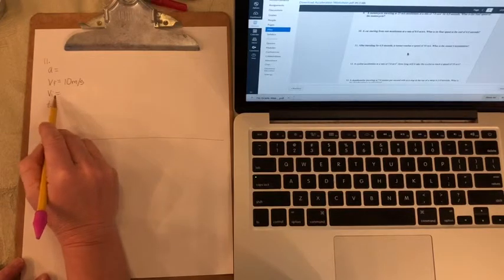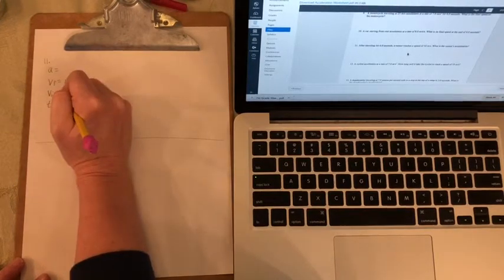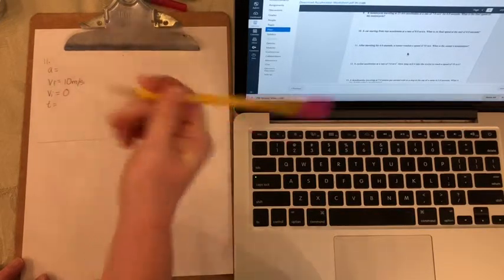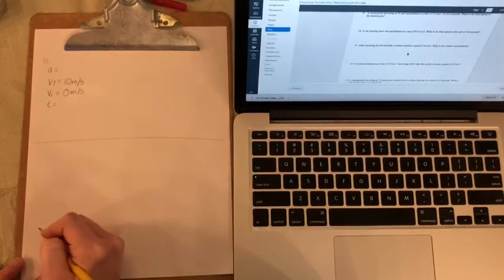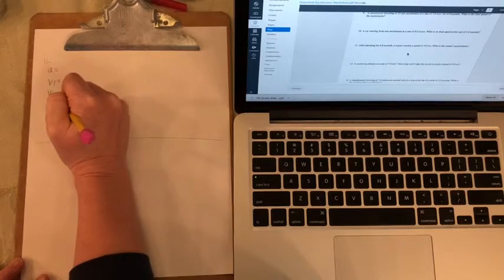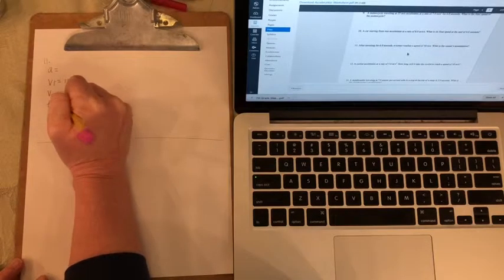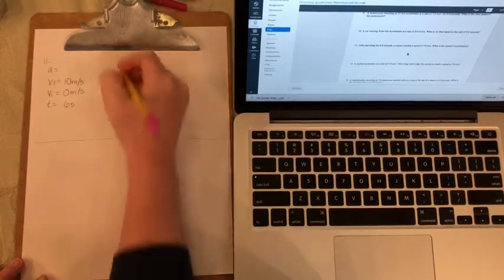And if they started running, then the initial, because they were initially going 0, that's not stated in there, but you should know that they started out at 0. And then time was 6 seconds that they ran.